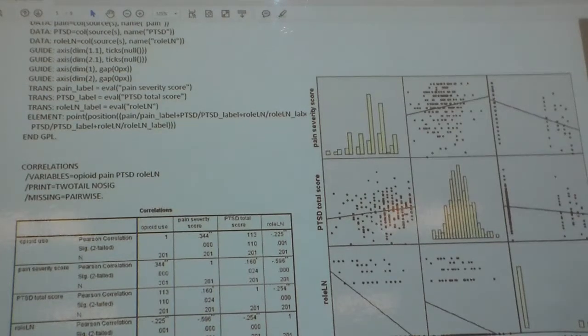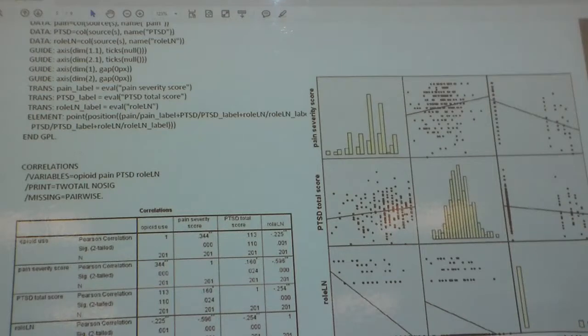In any of these, what's the big violation that we started out with that we almost always violate anytime we're running a regression analysis? Angela? What was assumption number 1? Not normality.